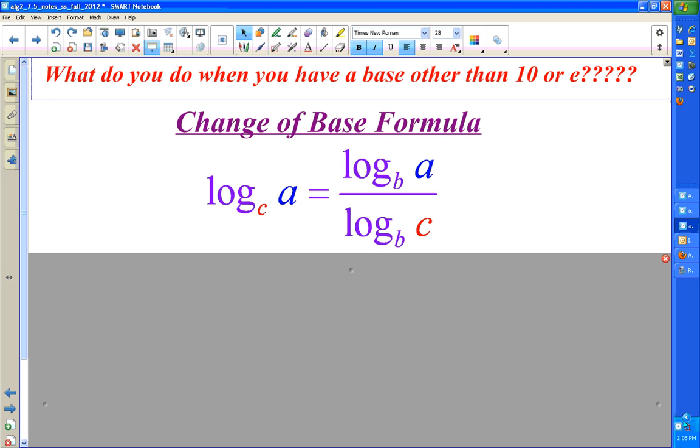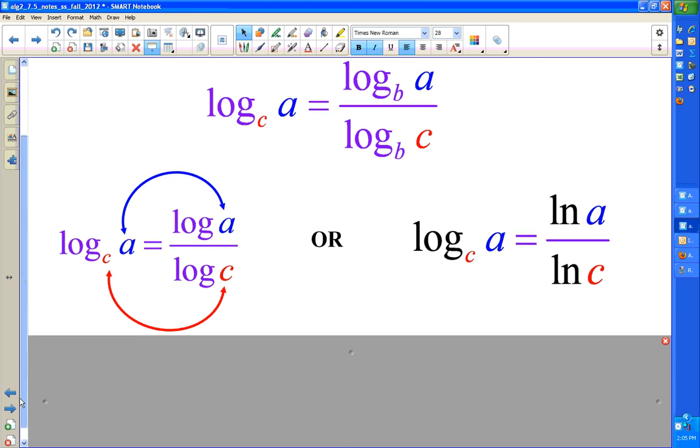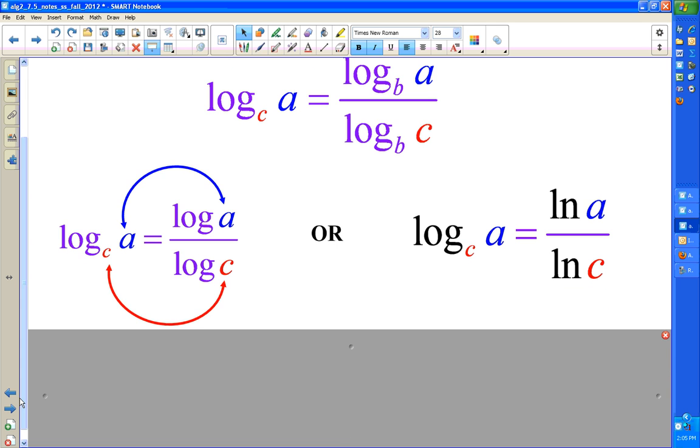Okay, so we're going to be given a problem. I give you this because this is the change of base formula. But again, we are only concerned with using base 10 or base E, which would be common log or natural log. This is the one for common log, base 10.